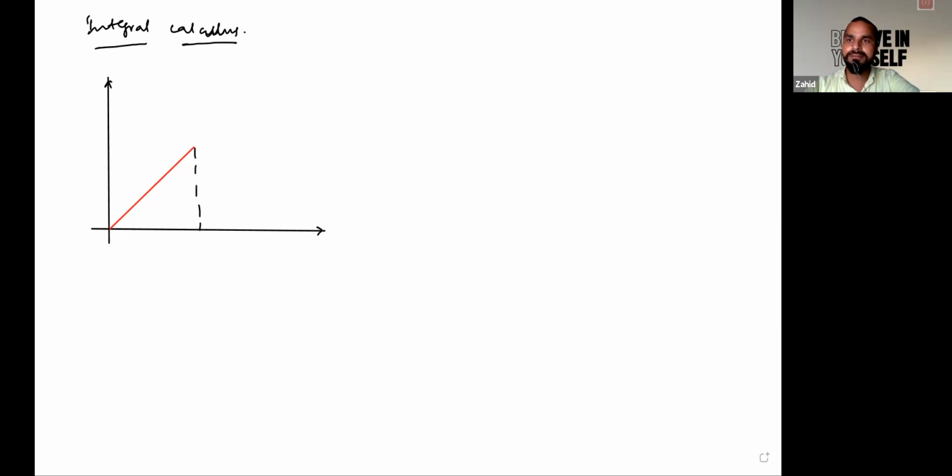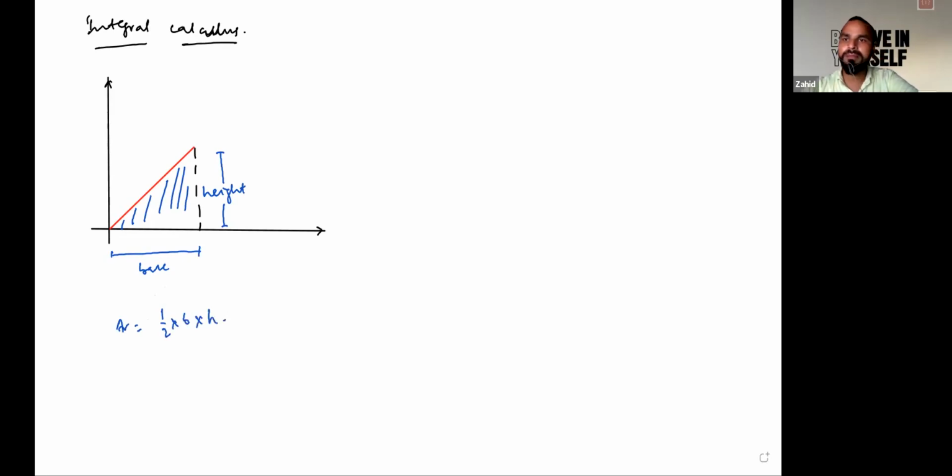How do you define it? You would simply say this is a geometrical figure resembling a triangle, so it must have a base from this point to this point and a height corresponding to that base. So the area of this triangle would be half base into height.